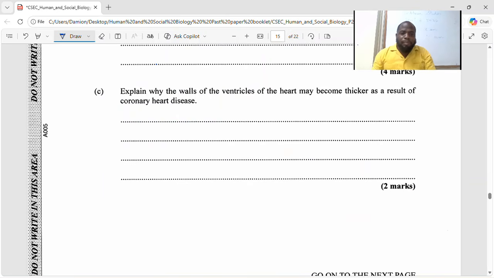It says, explain why the walls of the ventricles of the heart may become thicker as a result of coronary heart disease.